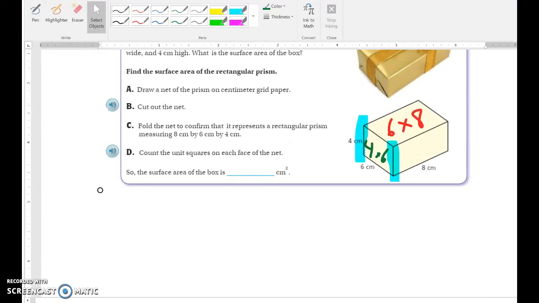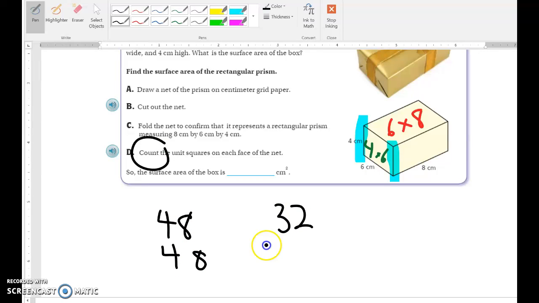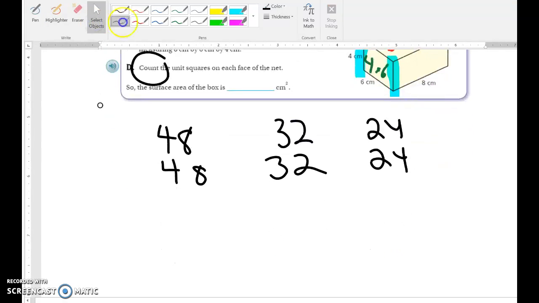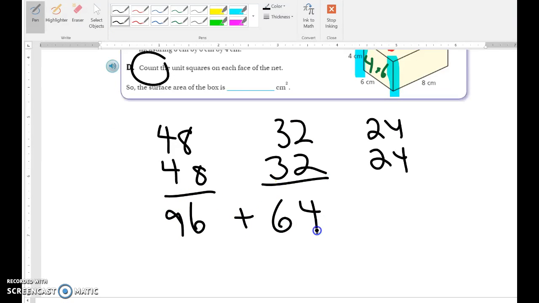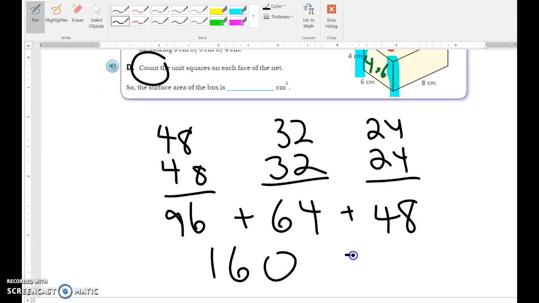You will notice, obviously we're not counting, right? But if we add these up, we have 48 and 48, we have 32 and 32, and we have 24 and 24. So that makes it 96 and 64 and 48. 96 and 64 is 160, and 48.